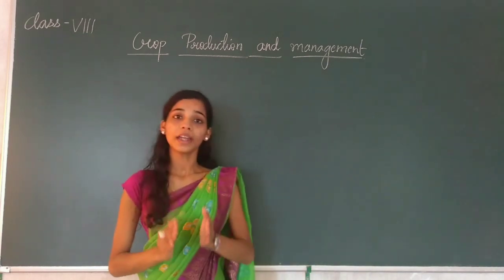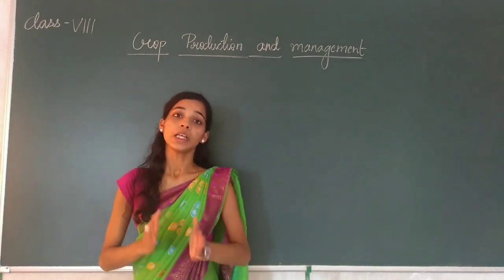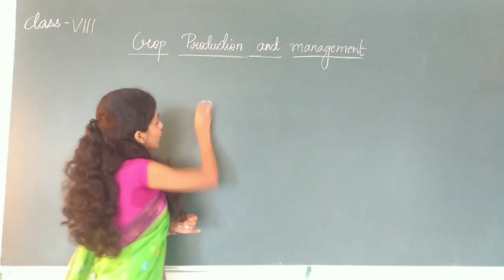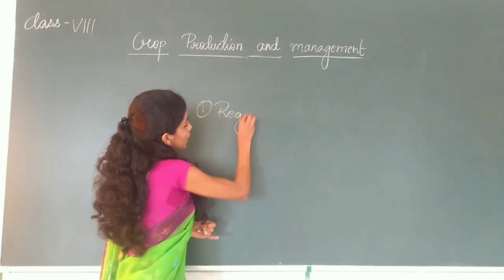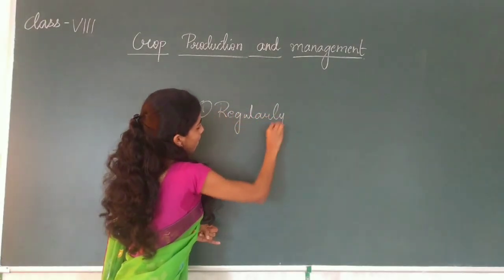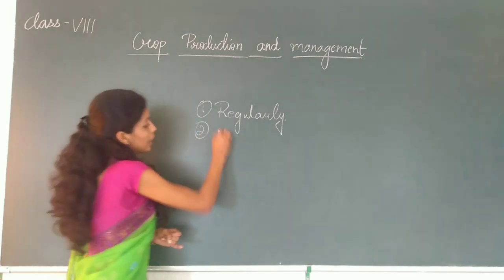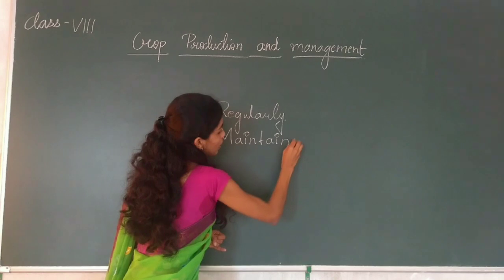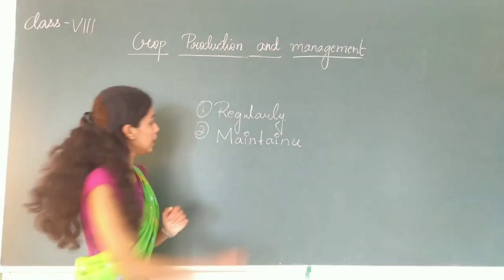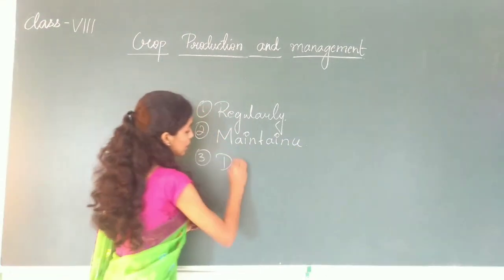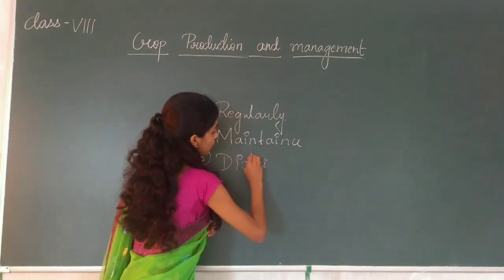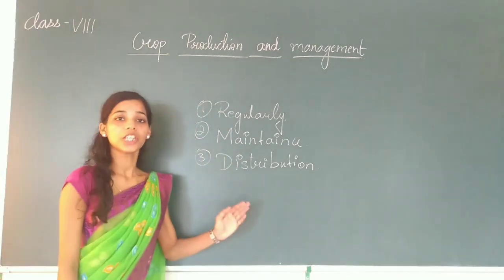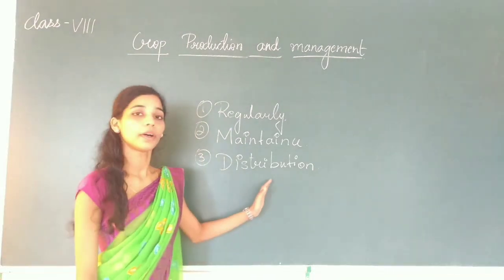So first of all, it must be produced regularly. Secondly, maintenance is very much essential; the food must be maintained properly. The third one is the distribution of food. The food must be distributed to each and every individual in a proper quantity.